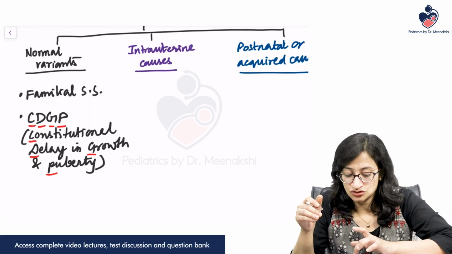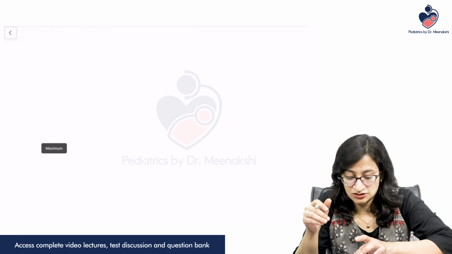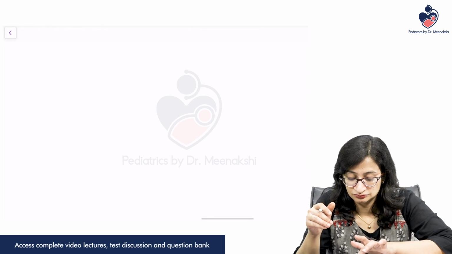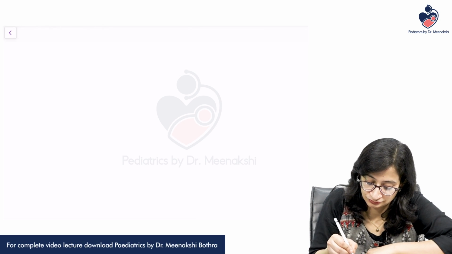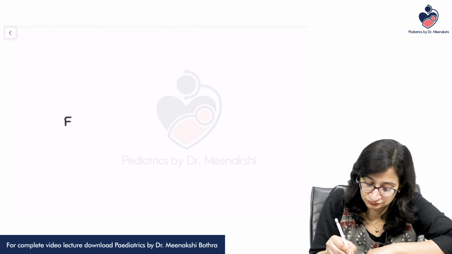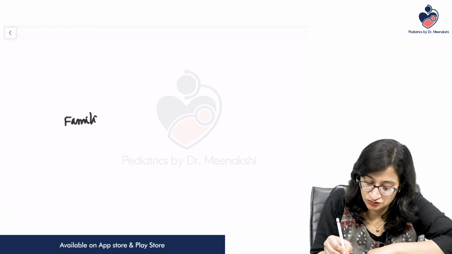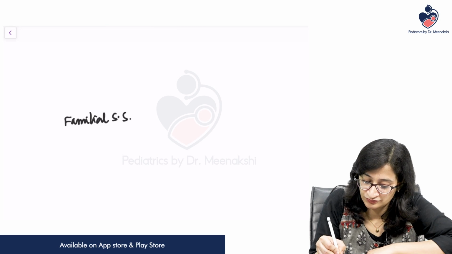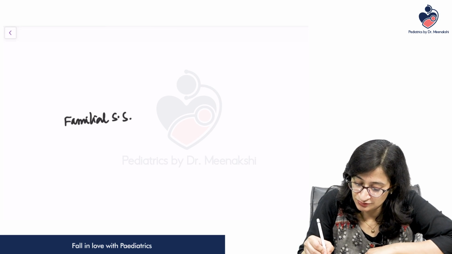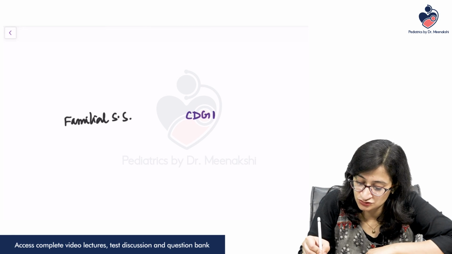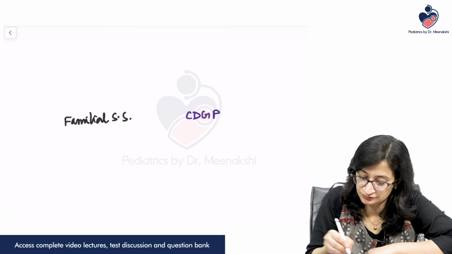So first a little bit about familial short stature versus CDGP, constitutional delay in growth and puberty.